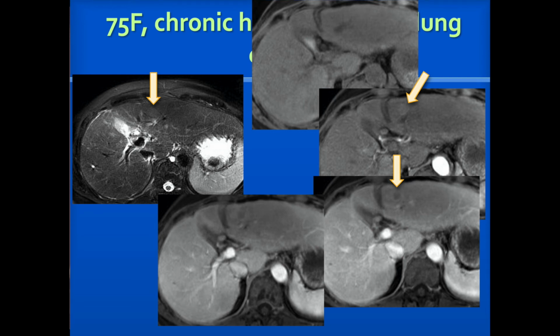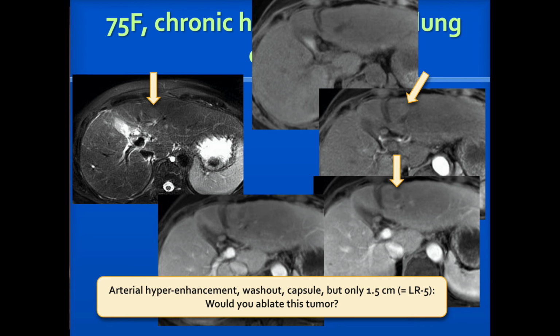There is arterial phase hyperenhancement, there is washout and a capsule appearance, but the lesion is only 1.5 centimeters in diameter. While this does qualify as an LR5 mass in LI-RADS, what would be your management decision? Would you do ablation as a bridge to transplant?